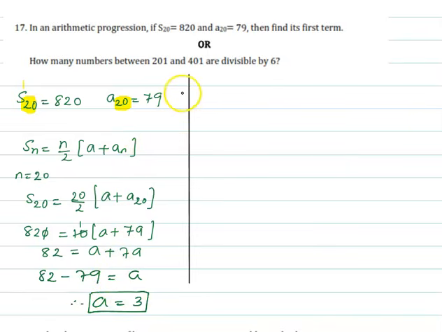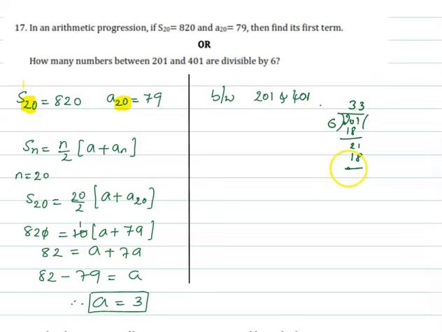Now in the same question we have another question: how many numbers are there between 201 and 401? We need to find the multiples of 6 between 201 and 401. As we all know, 201 is not divisible by 6. 6 3s are 18, left with 2, 21. 6 3s are again 18, left with 3.